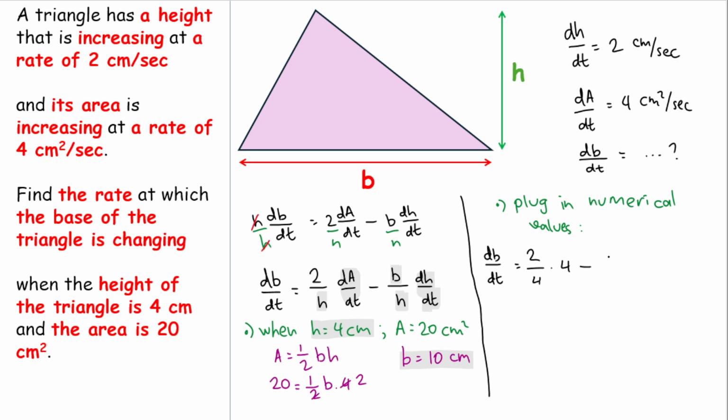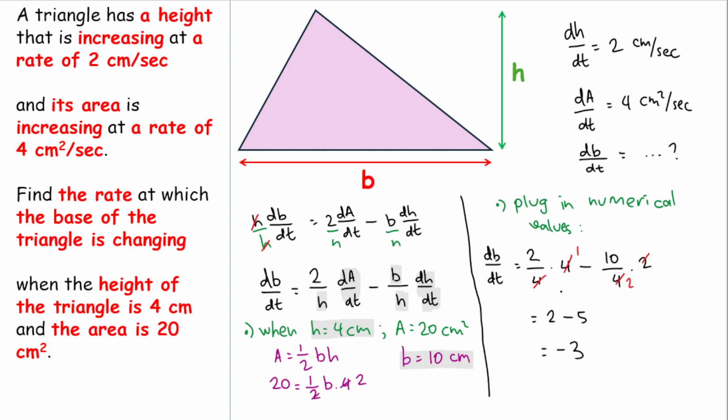The base is 10, okay, and then divided by h. h is 4, and then multiplied by dh/dt. dh/dt is 2. Okay, and then what can we do from here? That 4 will cancel into 1, and then we will have 2 and 4 canceled into 2 here, and so we will have this one here as 2, and then minus 5. Therefore we will have minus 3 here.